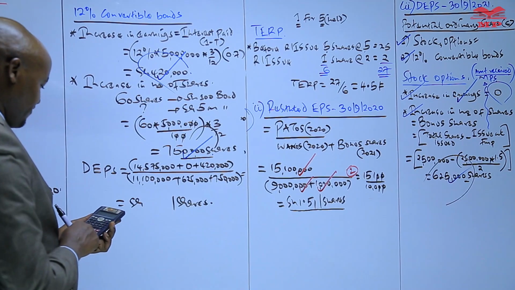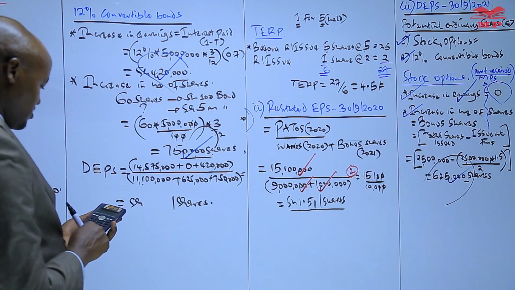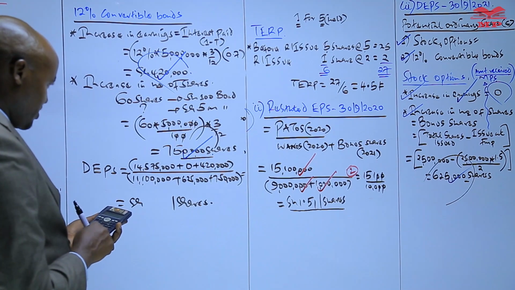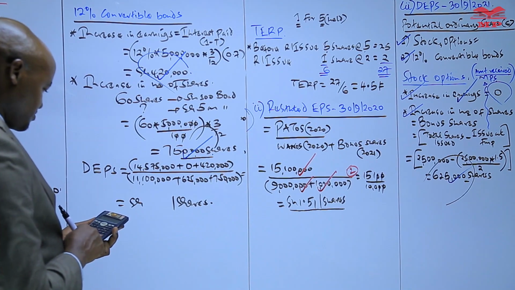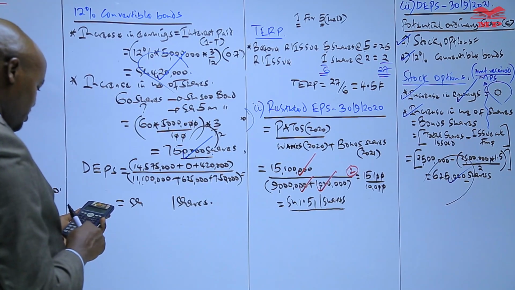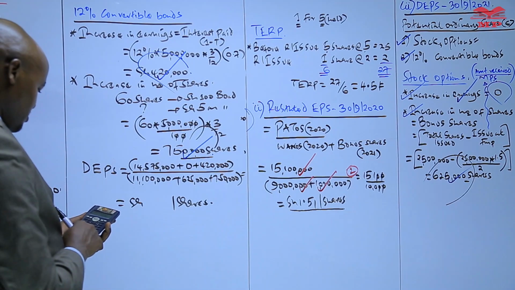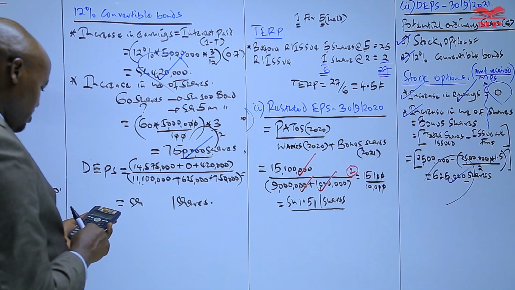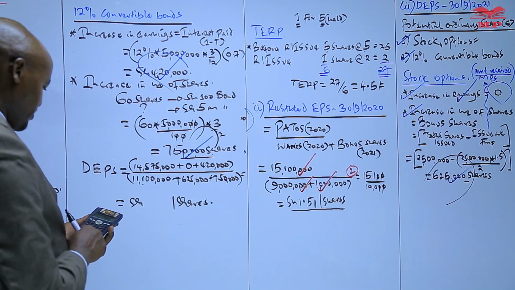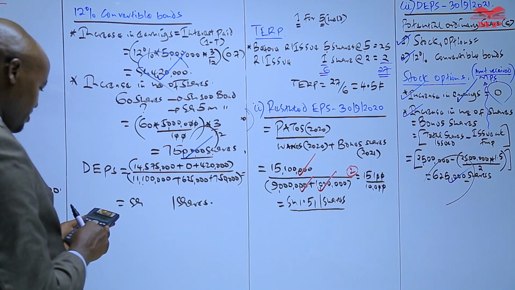So we have 14,575 plus 0 plus 420, divide that with 11,100,000 plus 625,000 plus 750,000.